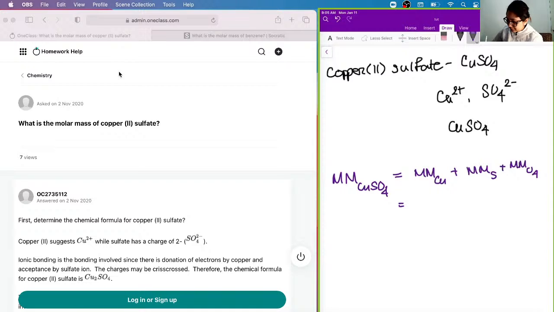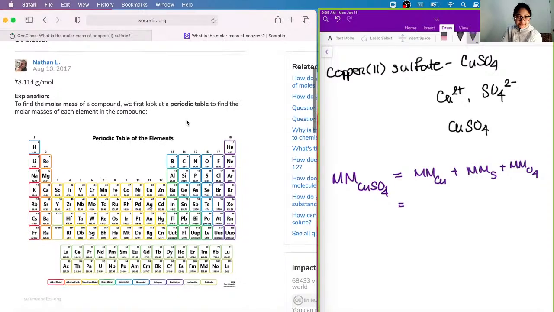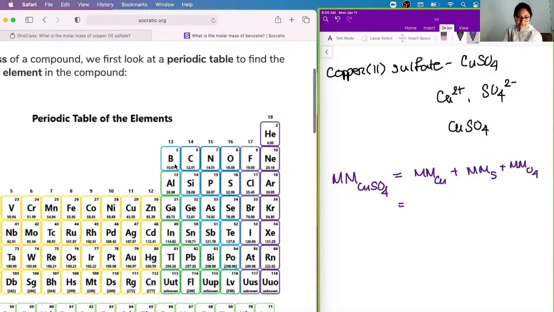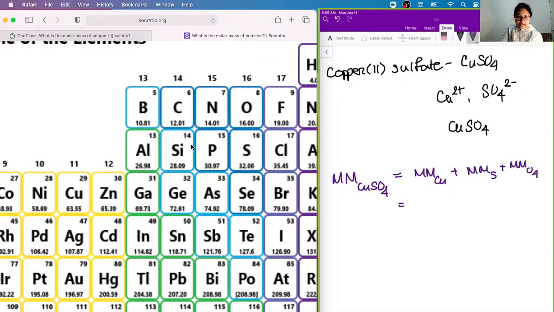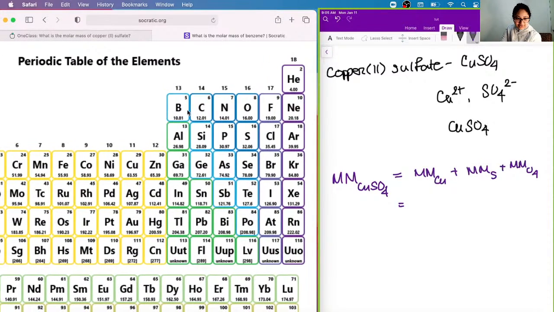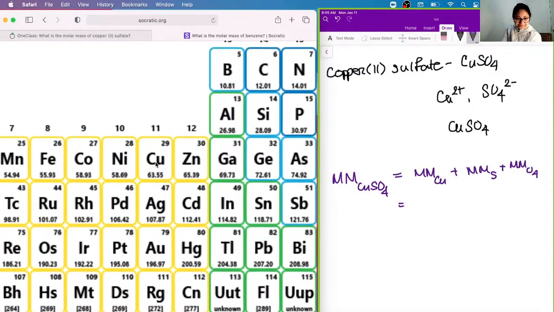So now let's start off with finding the molar mass of copper, and this is given in your periodic table. And so if you zoom into our periodic table, we can see that copper is group 4 and it has an atomic number of 6 and it has a molar mass of 12.0. Oops, this is carbon, sorry. So copper is right here.